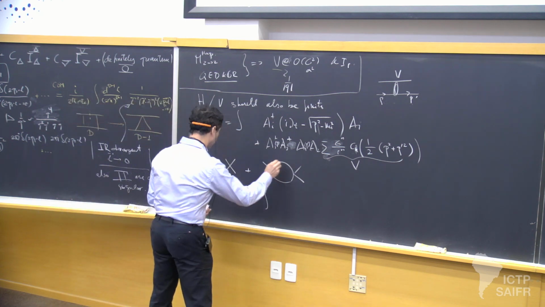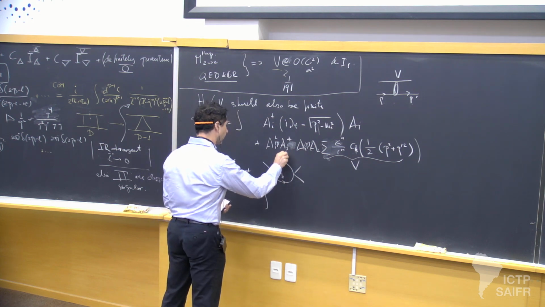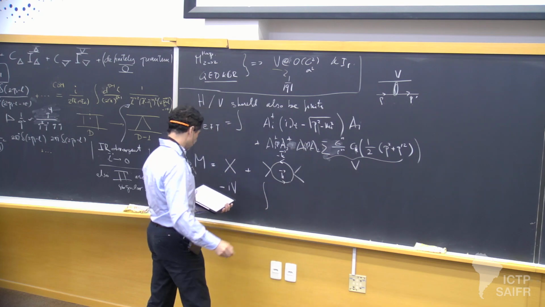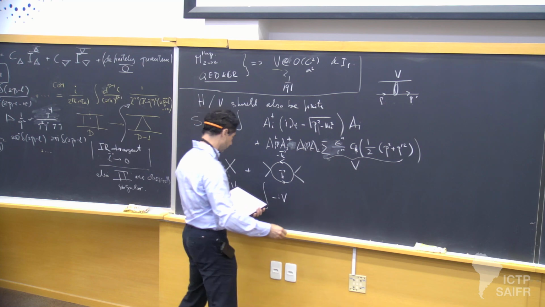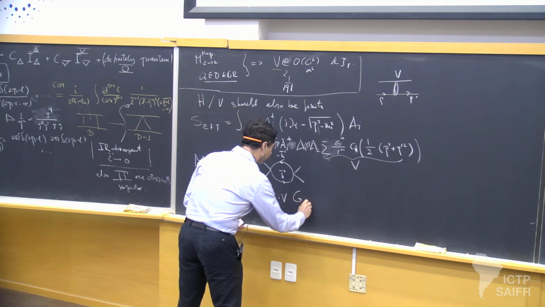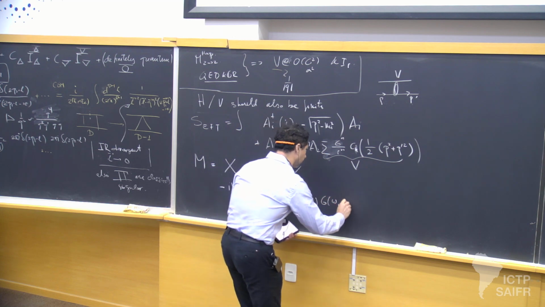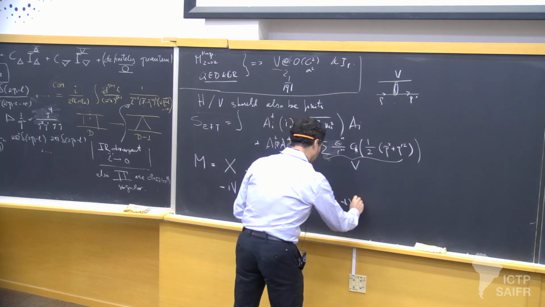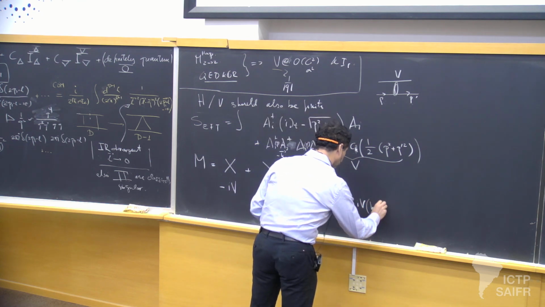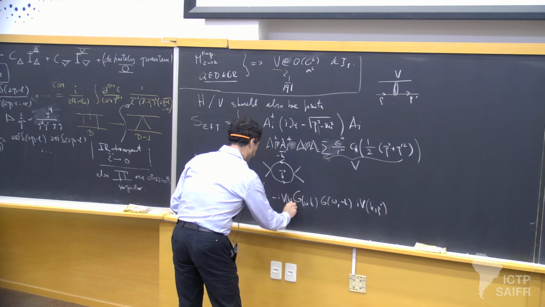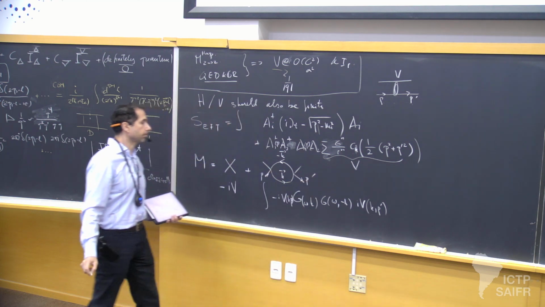This is an integral, and I'm going to call this momentum K, and this momentum minus K. And this is minus iV. And then there are these two propagators, which look funny. There's G of omega and K, G of omega and minus K, and then iV. And maybe I should put some arguments here. This is K and P prime, and this is K and P. So this is P, this is P prime.